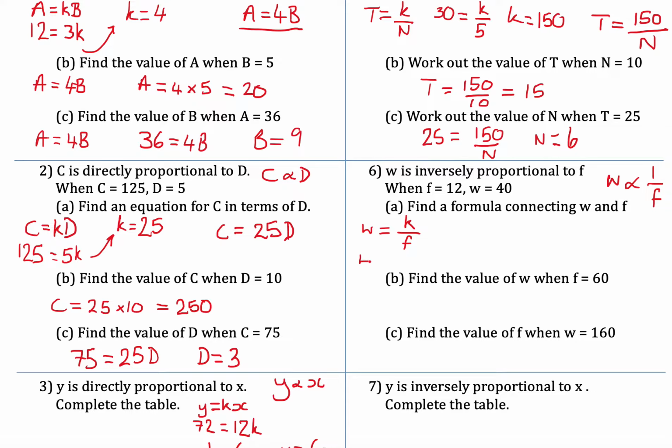So W equals 40 when F is 12. So rearranging, times by 12, 40 times 12, 4 times 12 would be 48, so must be 480. And therefore our formula is W equals 480 over F.